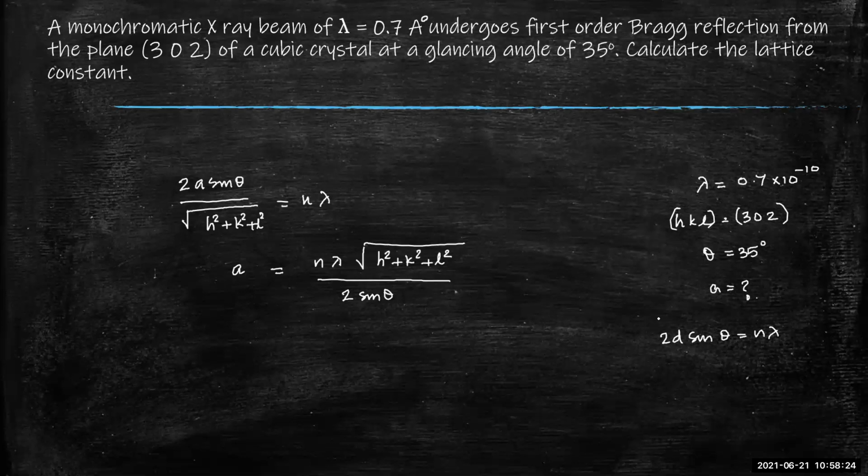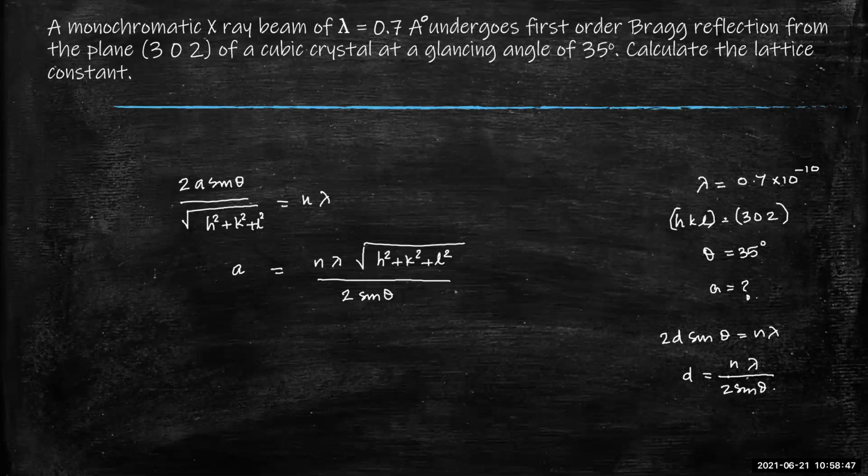It can also be obtained from this one, because first we find d. d is equal to n lambda divided by 2 sine theta.